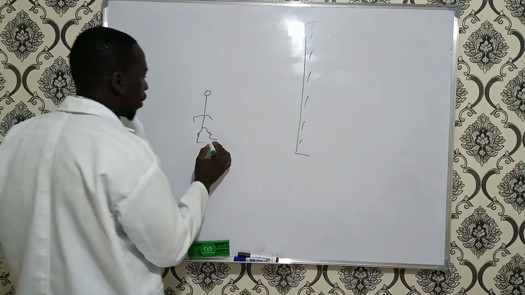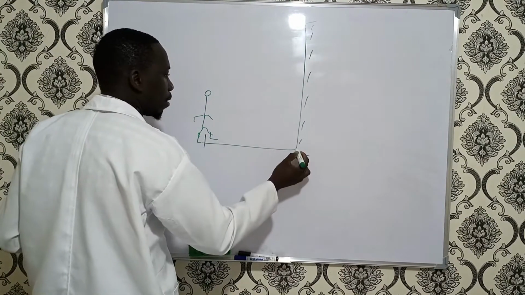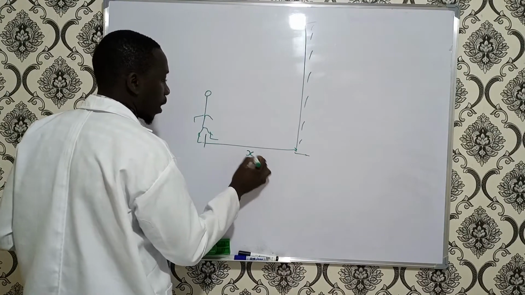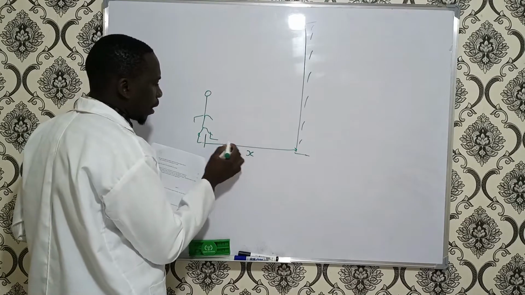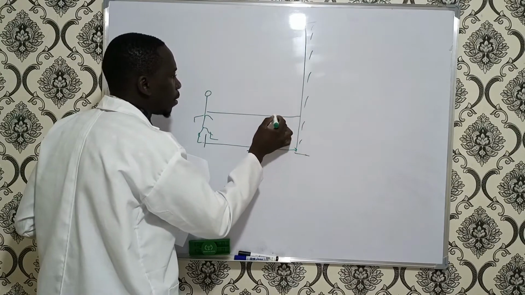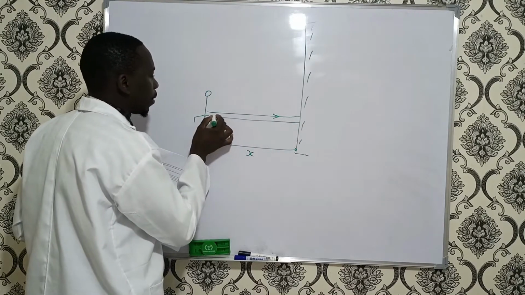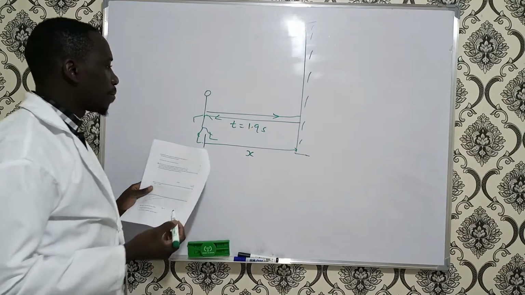So this is the initial. So let's say the distance initially, the distance here, we can call it x. So the time taken for the sound to travel from here, then back, that time is 1.9 seconds.